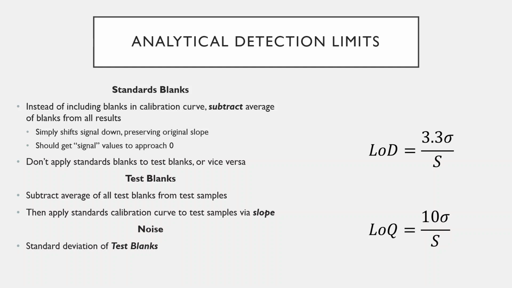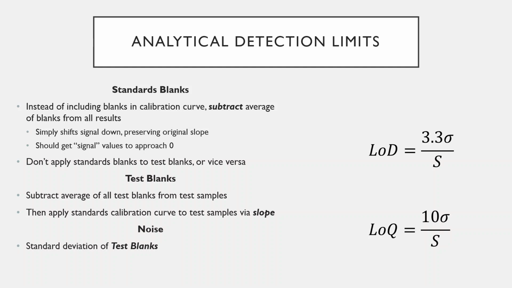And then, in order to determine that important noise factor for your LOD or your LOQ calculations, that's where you're going to take the standard deviation of the test blanks and then apply that into these equations that we had before. So sigma is your standard deviations, and then S is the slope of your y equals mx line.